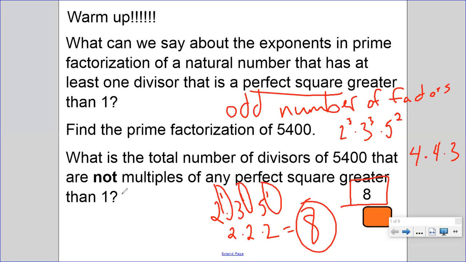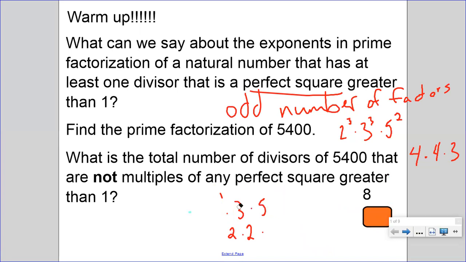We want to just go with the smaller version of this. Okay? Still confused, fair enough. So what this said is we want it to be a divisor that is not a multiple of a perfect square, right? If we were to have a multiple of a perfect square, then this would not work.